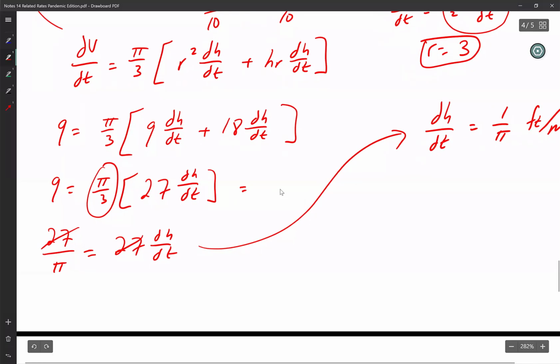I added the 9 and 18. Oh, I did 9 times 3, which is 27. You see right here? I just multiplied by the reciprocal. And 3 over 5 times 3 over 5, 9 times 3 is 27 over 5.